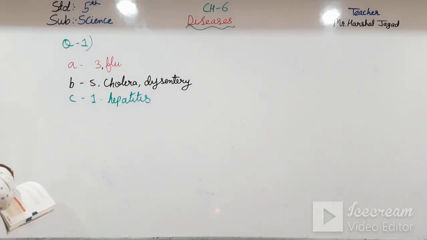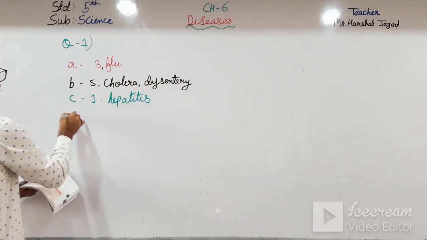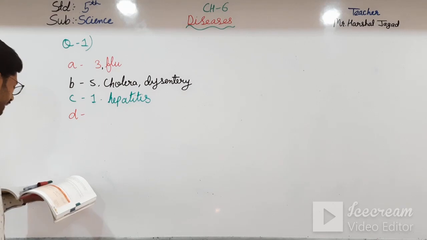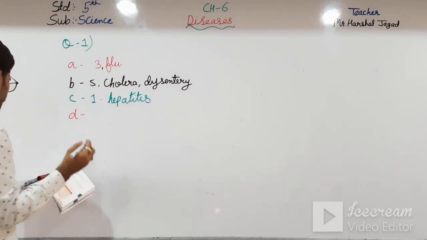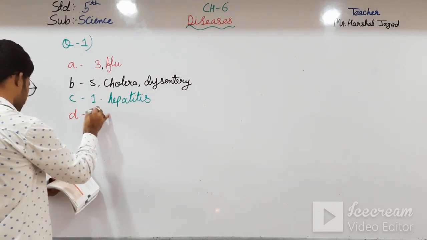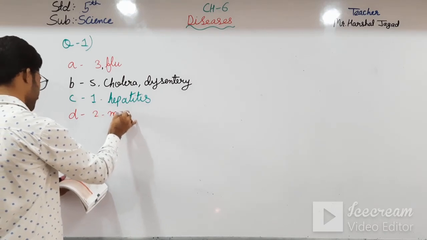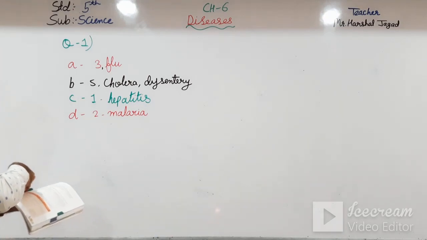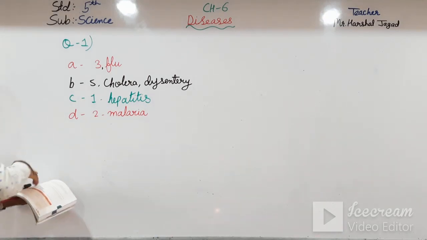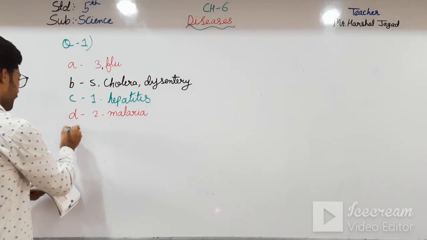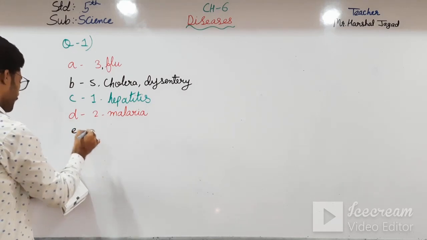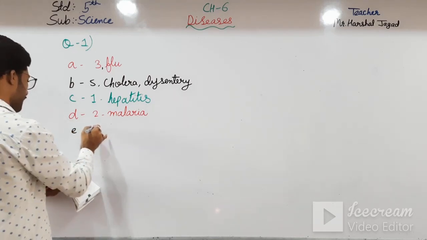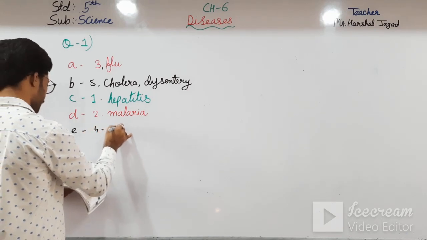Another one, D, fever and shivering. That is 2, malaria. E, that is swollen neck. For that it is mumps.